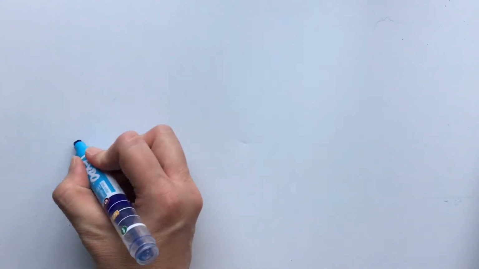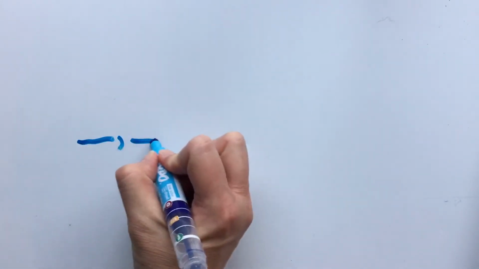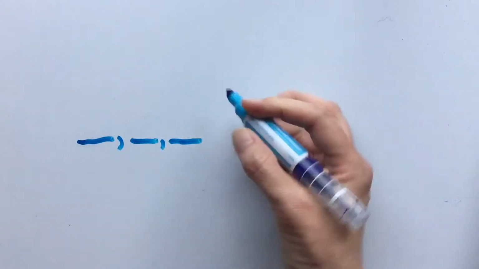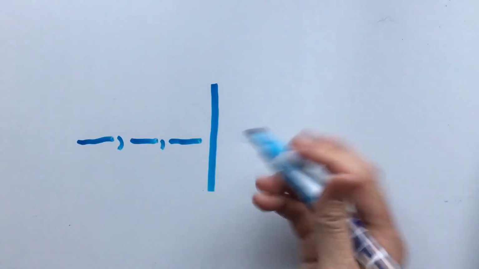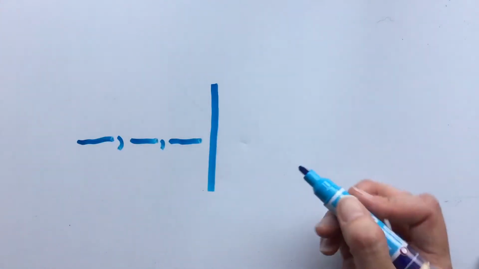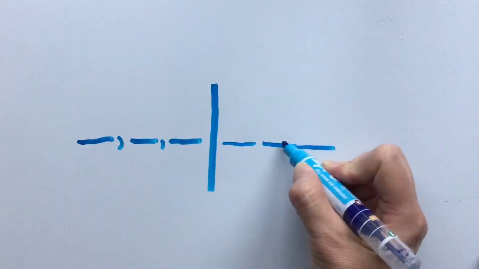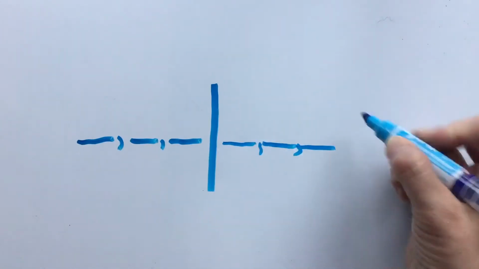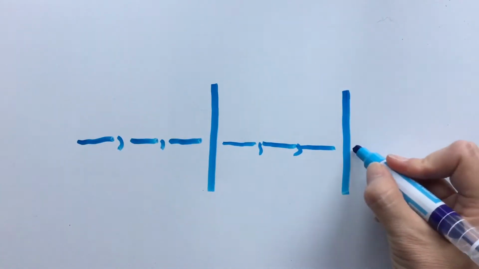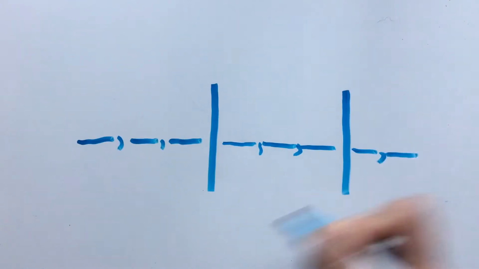Let's take a look at another example. What if I have 3 quarters and it's using a line to separate? Maybe I have 3 dimes, and see if I can fit it in here, 2 nickels.